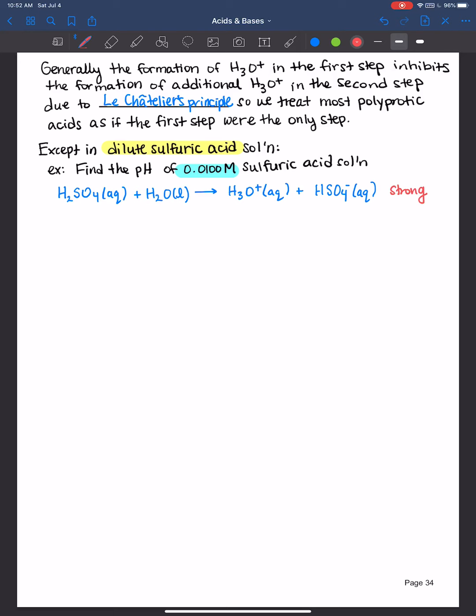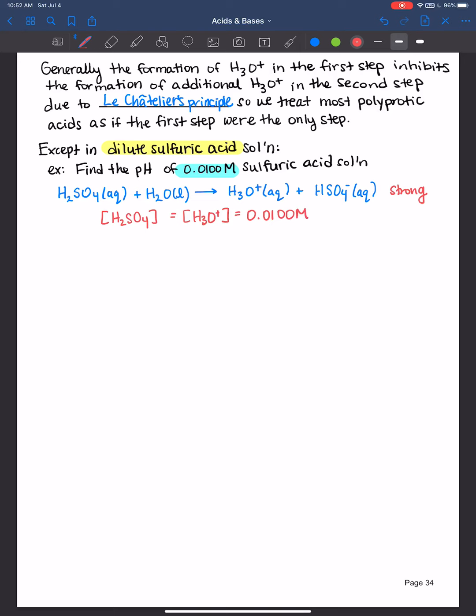Because we know that the concentration of the sulfuric acid is equal to the concentration of the hydronium ions in this first step. It's a 1-to-1 ratio, by the way. Okay, so we're just doing 1 step at a time. So the hydronium ion concentration is equal to 0.0100 molar.